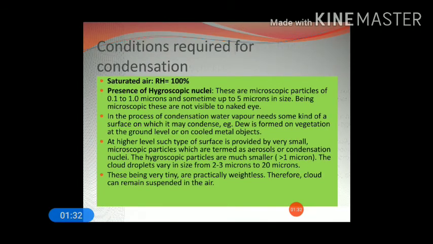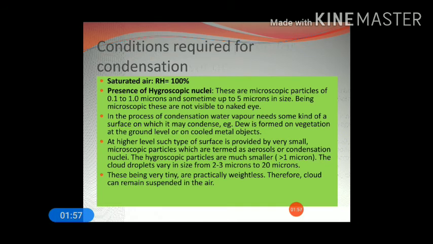These hygroscopic particles are smaller than 1 micron. The cloud droplets vary in size from 0.3 microns up to 20 microns. Being very tiny, they are practically weightless, therefore clouds can remain suspended in the air.